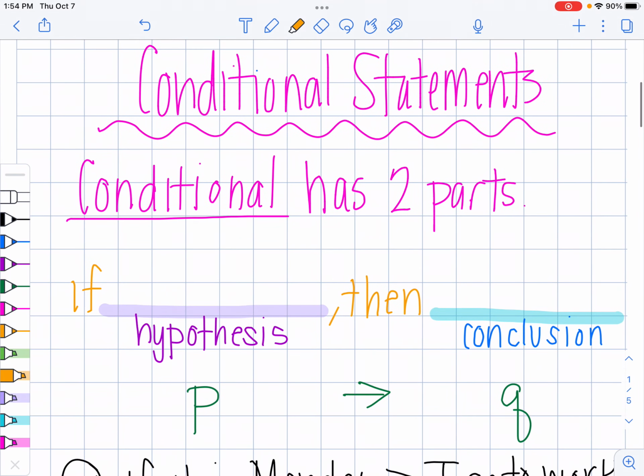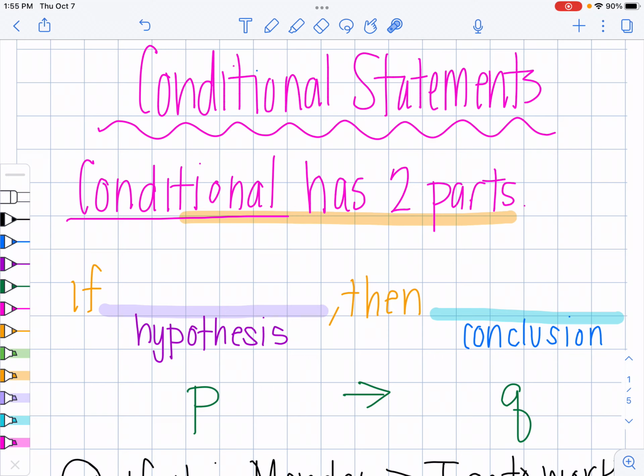If we go down to this part and look at a conditional statement, a conditional has two parts. It has the part called the hypothesis, which is the part that comes directly after the if, and the part called the conclusion, which comes directly after the then. Typically, we write in what's called symbolic form, or abbreviations or shorthand.